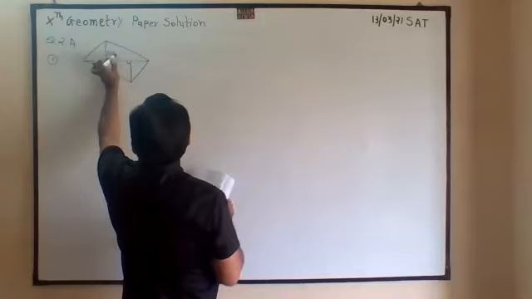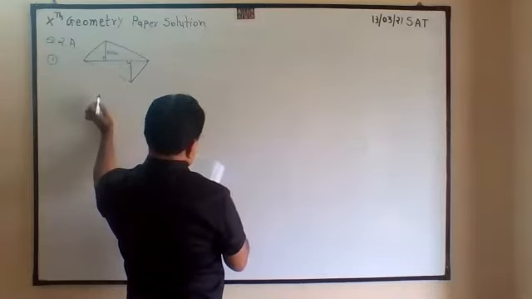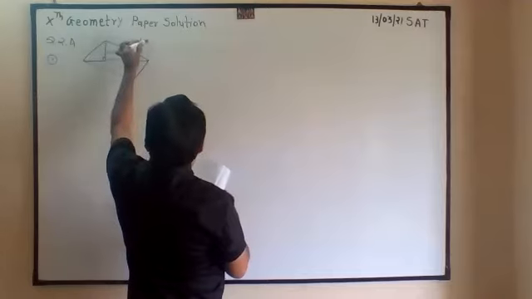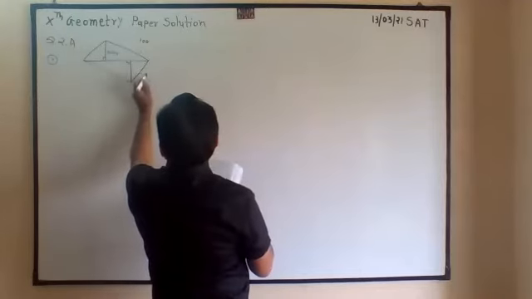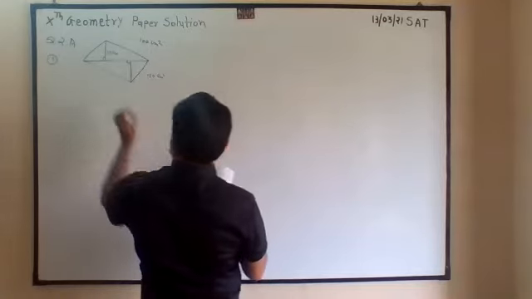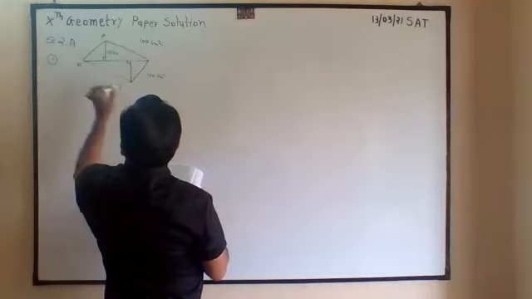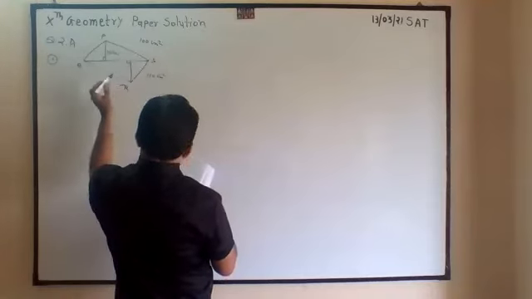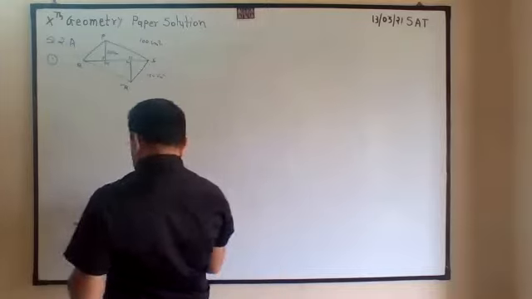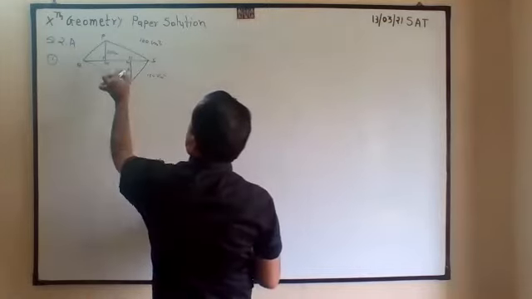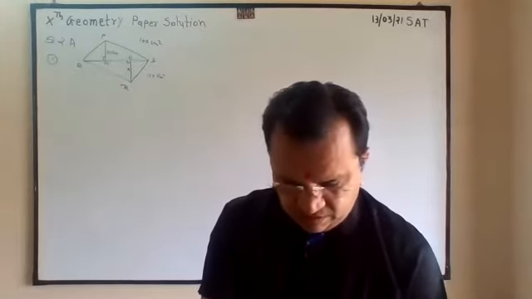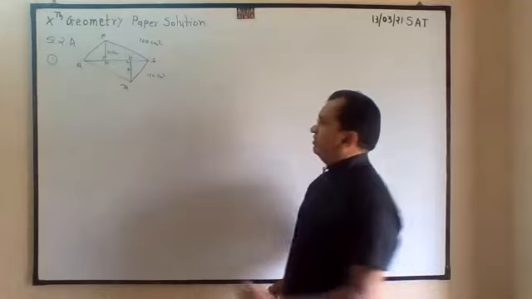Ten centimeter. In PQRS, the upper area is equal to 100 centimeter square, the lower is 150 centimeter square. This is the question: find x. Upper area is given, height is given, base is not given.